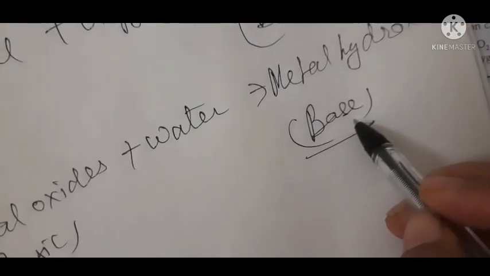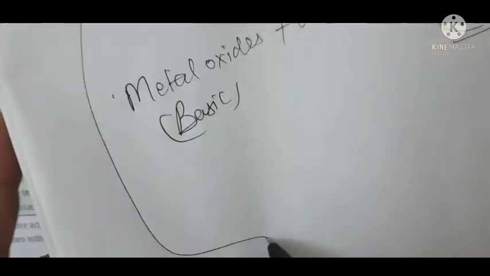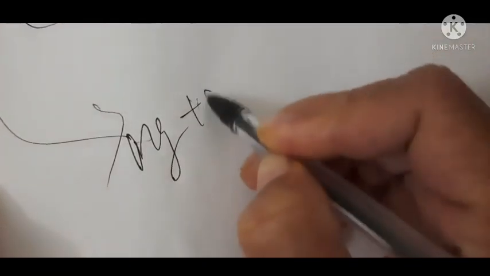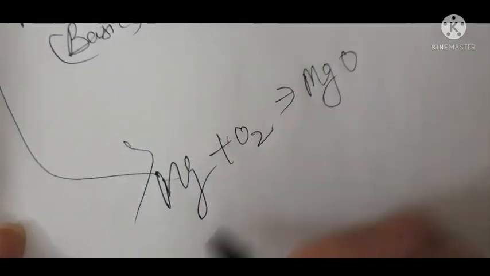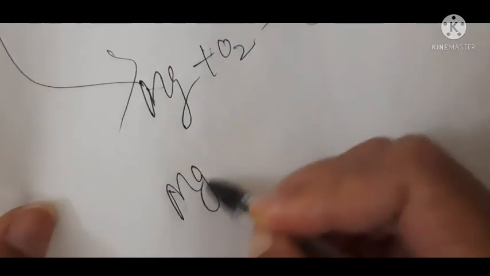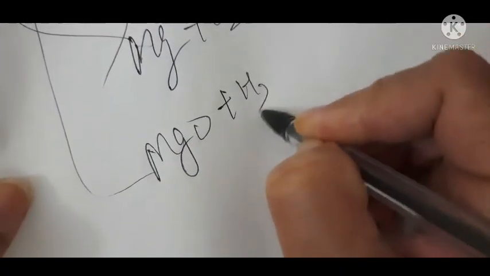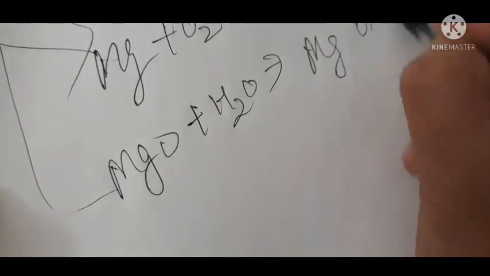Base means it will turn red litmus blue. So if I write the equation: magnesium will burn in oxygen to give magnesium oxide. This magnesium oxide in water will give magnesium hydroxide.